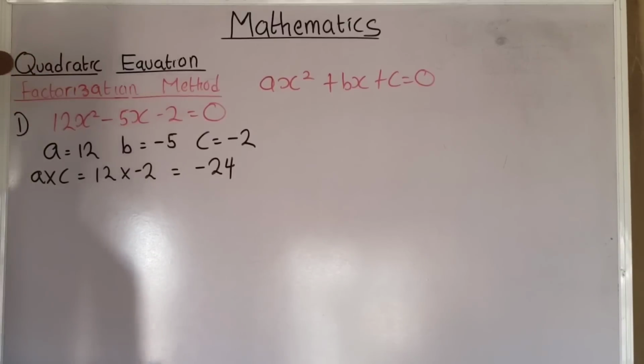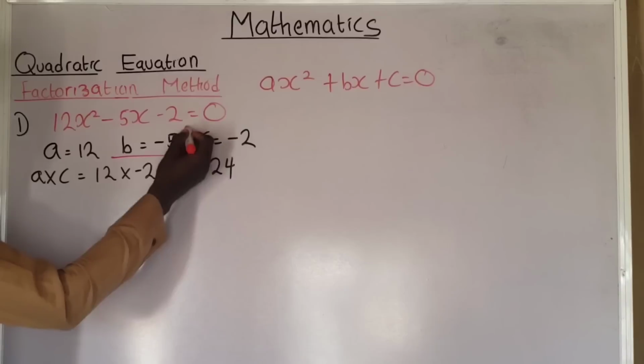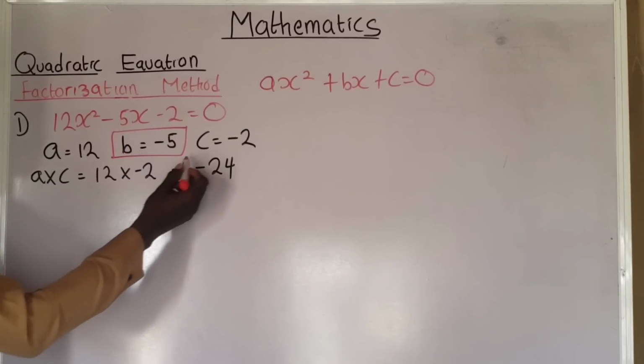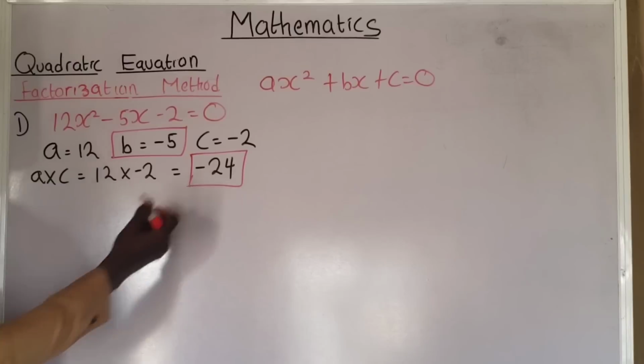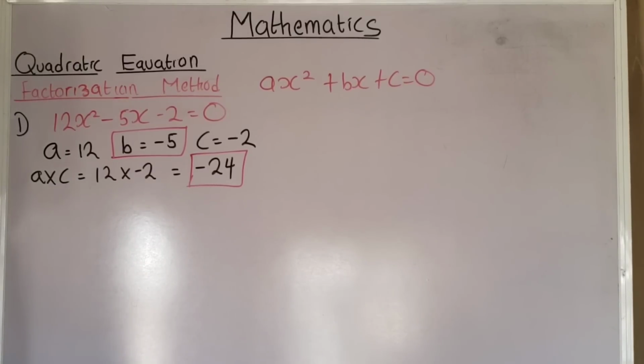Now, having taken the product of a and c, we have to think of two numbers such that the product of these two numbers must be equals to negative 24, and the sum of these two numbers must be equals to negative 5. Negative 5 is b, and negative 24 is the product of a and c.